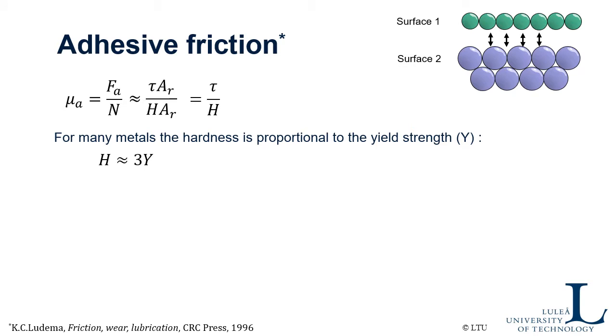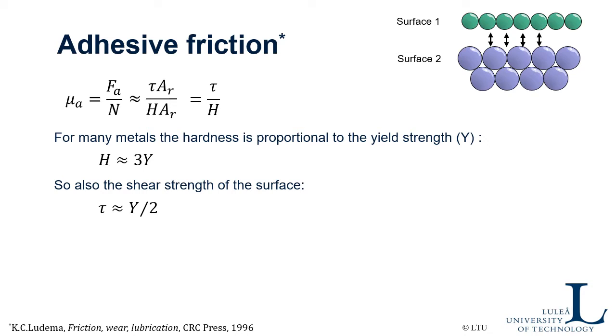For many metals, the hardness is proportional to the yield strength. It is about 3 times the yield strength, and the shear strength of the surface is about half the yield strength.